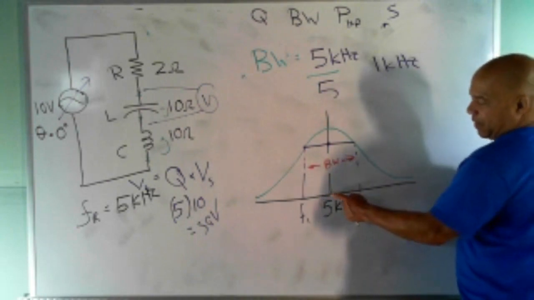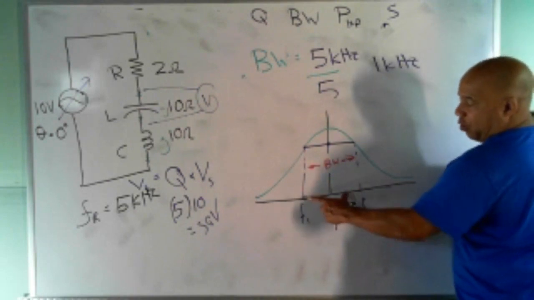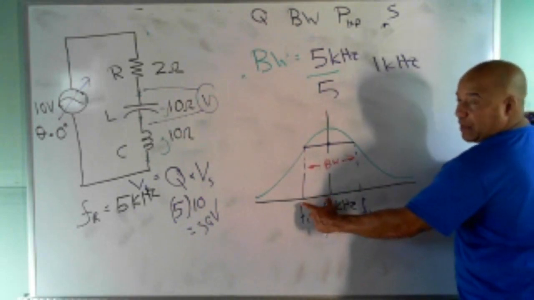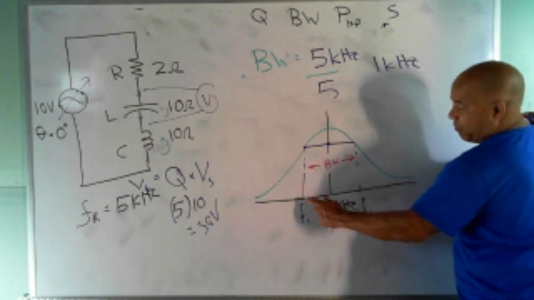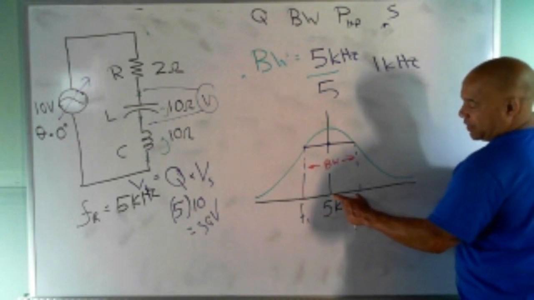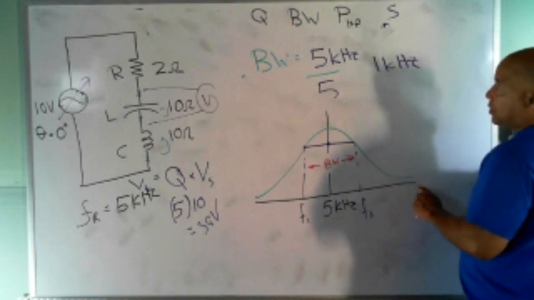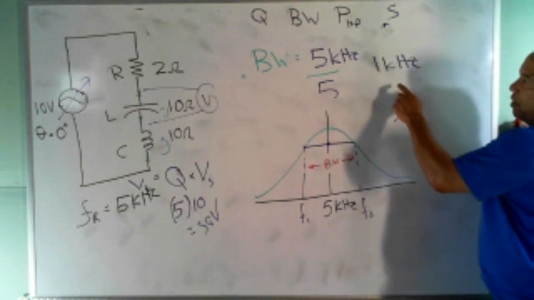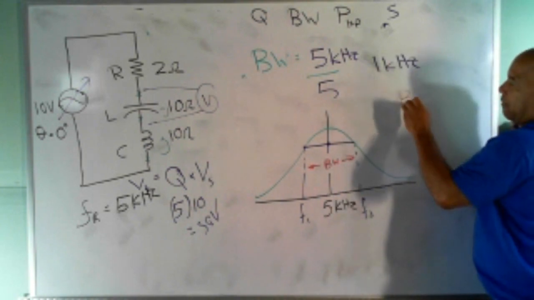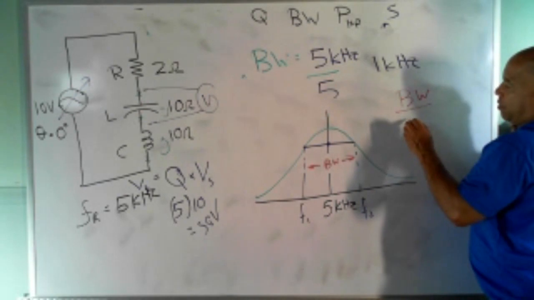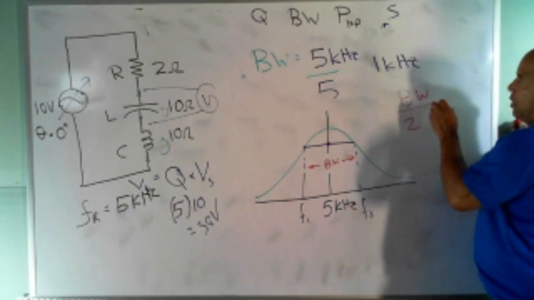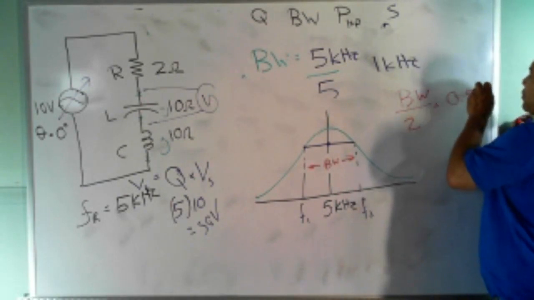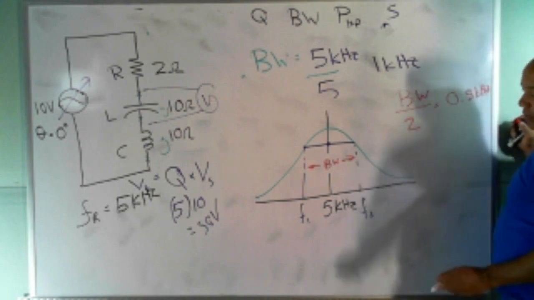Well, if I take the resonant frequency minus half the bandwidth, this gets us F1, and plus half the bandwidth gets us F2. Half the bandwidth, well, the bandwidth for this over 2 is 0.5 kilohertz, 500 hertz.